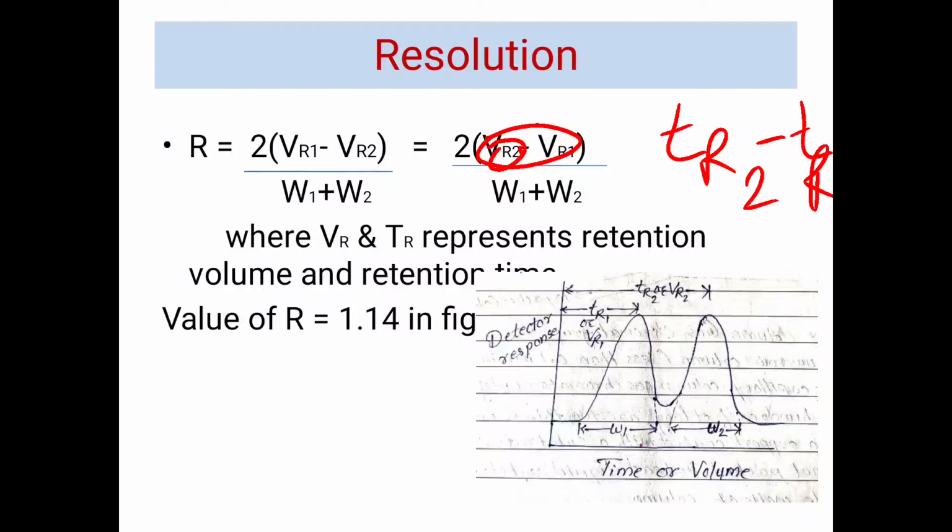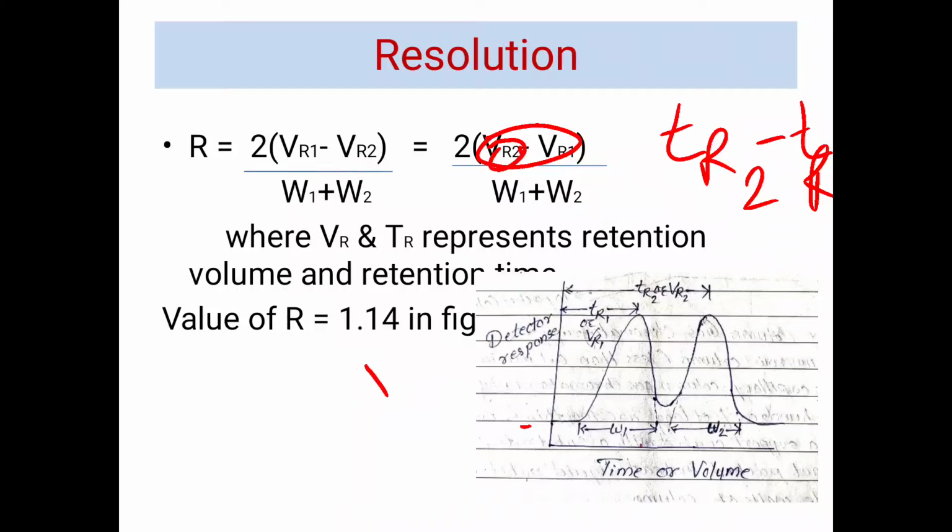Then the value of R is as shown in the figure. Let's see the figure: detector response versus the time or the volume. Here W1 is the width of the first peak and W2 is the width of the second peak.